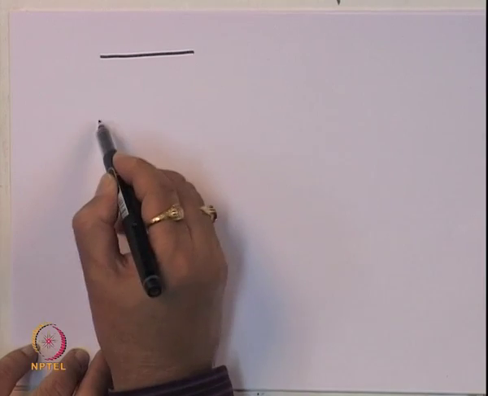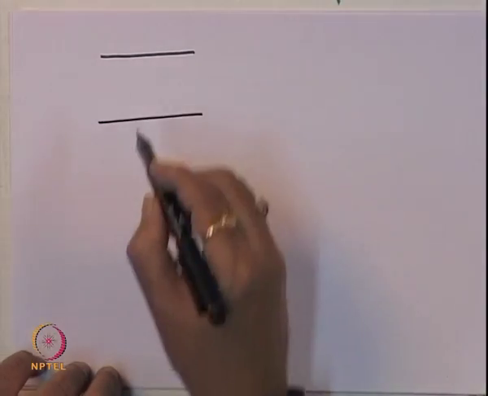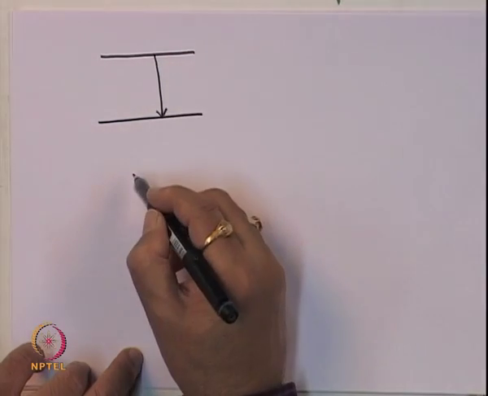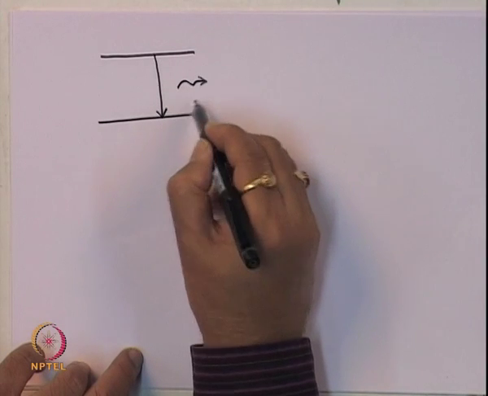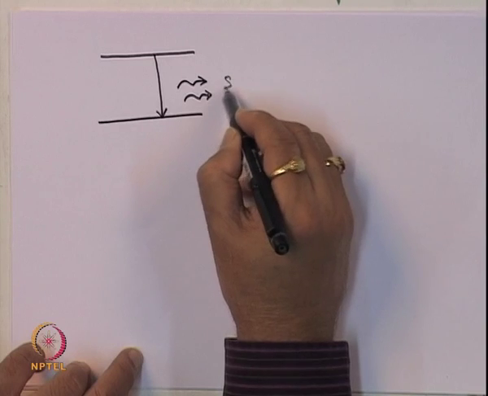So, as we know, in lasers we have these transition energy levels, and the electron makes a transition from here to here, and that gives you laser light, which is the stimulated emission.